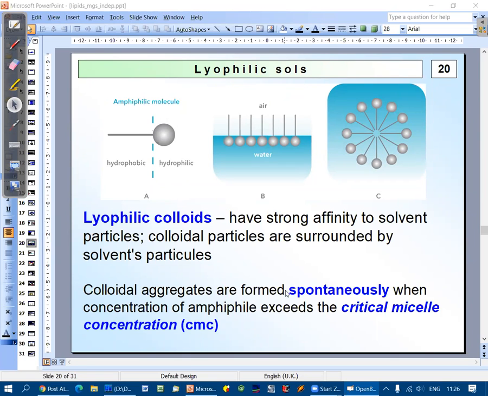The concentration at which these micelles begin to form is called critical micelle concentration.